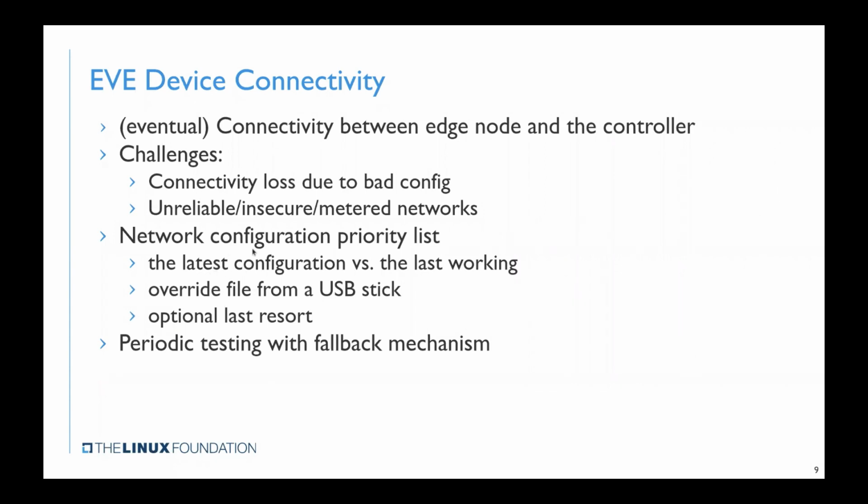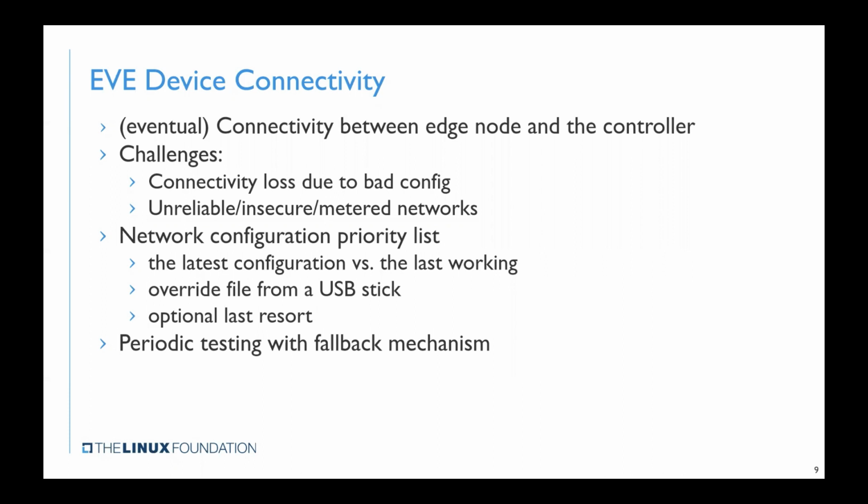And in case you put there a bad configuration or the one which is not currently working, it will fall back to the last working configuration. But at the same time, it will be periodically retesting the latest configuration, because that's still the highest priority. And the moment it starts to work, it will switch to this highest priority latest configuration.